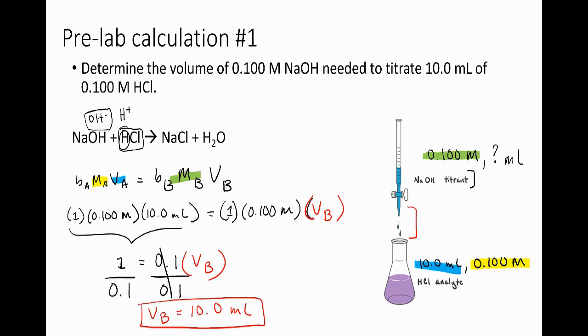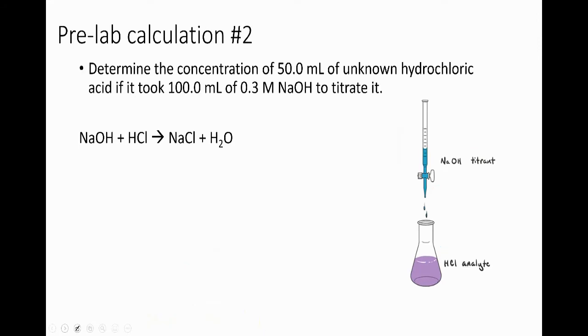All right, so let's try another one right quick. Calculation number 2, and this is more realistic for a titration. What they tell us is that we have 50 mils of unknown hydrochloric acid. So this will be the volume of the acid, but since it's unknown, we'll be solving for the molarity of the acid.